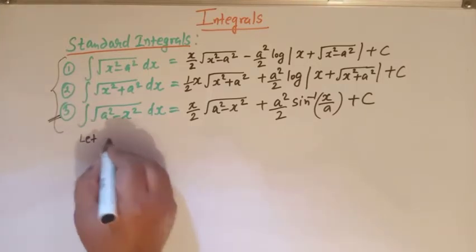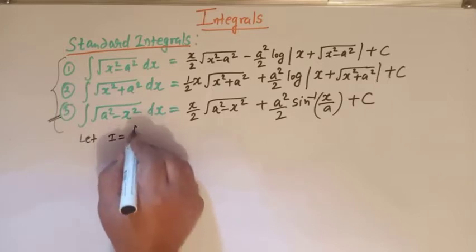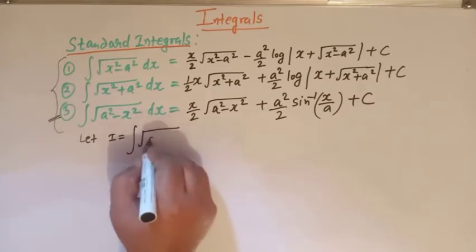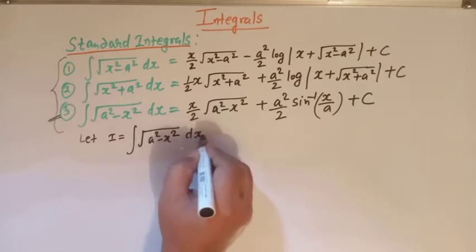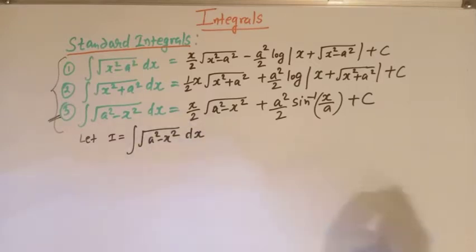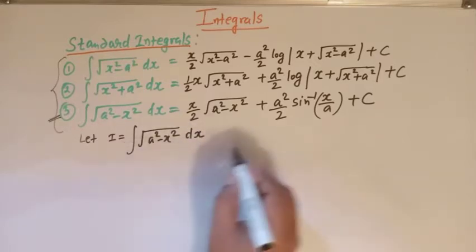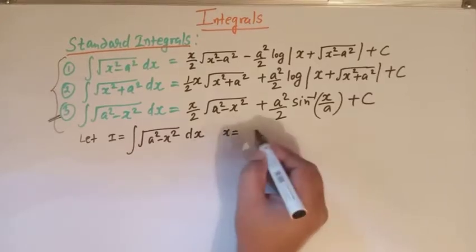Let I be equal to the integral of square root of a square minus x square dx. Here we'll make use of the substitution method and substitute x equals a sine theta.